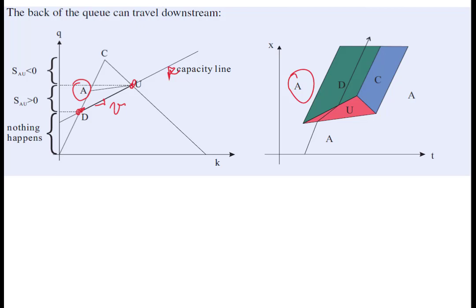It's going to give you the slope of the shock between U and A right here. So the shock AU could go forward, as you see in the picture, because the state A is in this region, between the flow of D and the flow of U. This point is the flow of D and this point is the flow of U. So when A is in the middle, you're going to have this back of the queue that travels forward, or downstream, which is unusual.